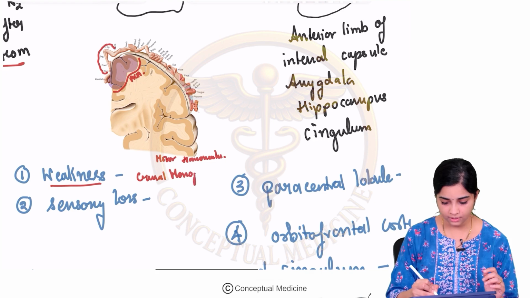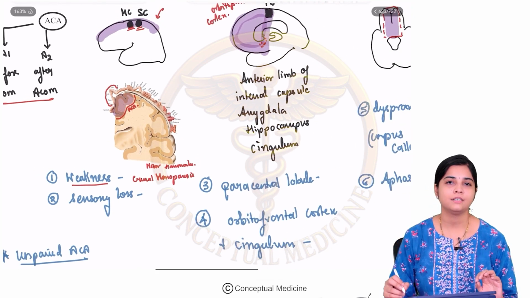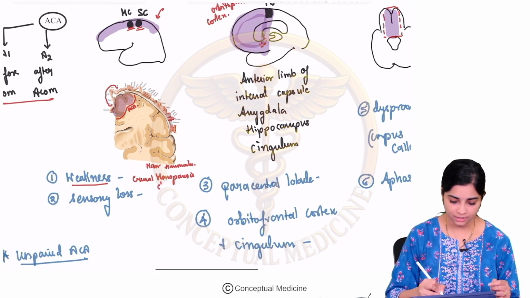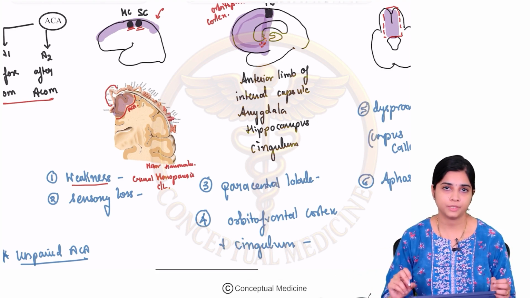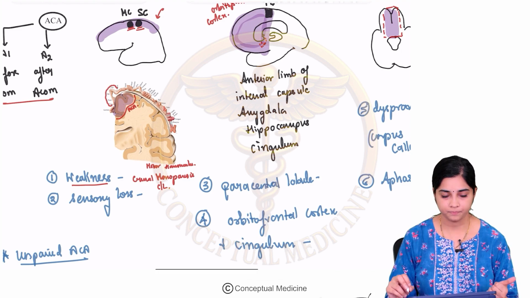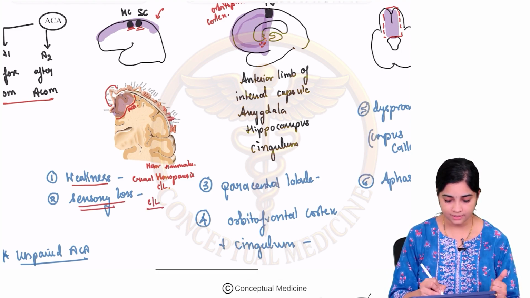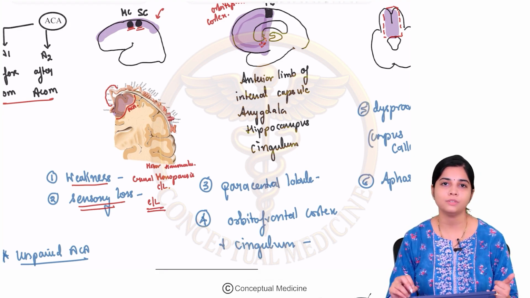In an ACA territory, you can have contralateral or ipsilateral? Contralateral. You can have contralateral crural monoparesis, and we have understood why. Then you can have contralateral sensory loss as well, because involvement of your sensory cortex is also there.